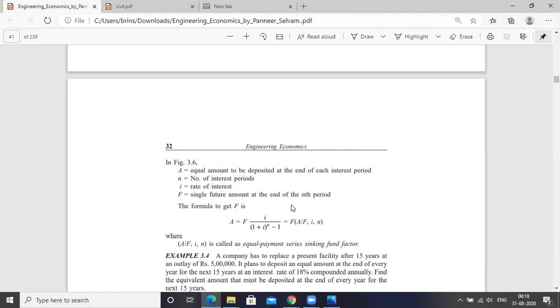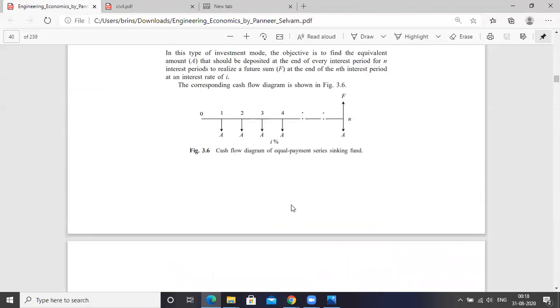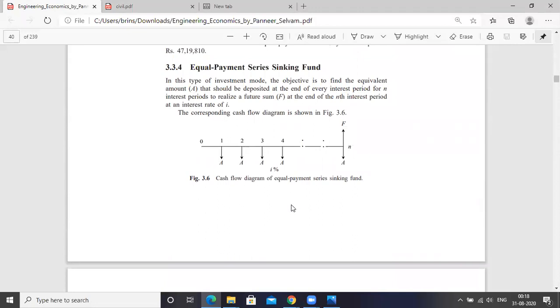Now it is clear that this uniform series sinking fund factor, or equivalent payment series sinking fund factor, is just the reciprocal of the equivalent payment series compound amount factor, also called the uniform series compound amount factor, right?